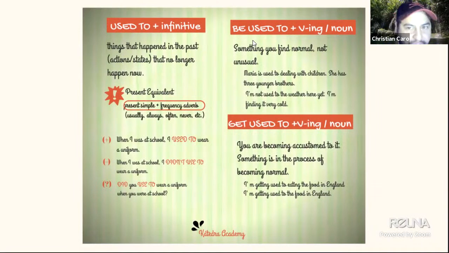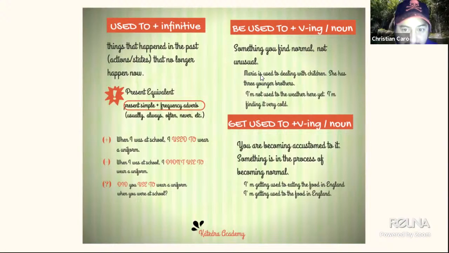En el caso de be used to, se usa verbo to be más used to plus gerund or noun. Any of those. For example, María is used to dealing with children. Esto quiere decir de que María está acostumbrada a tratar con niños, niñas, ¿ya?